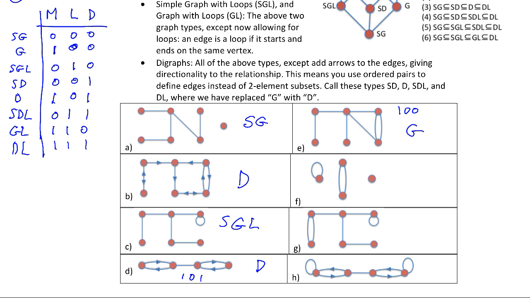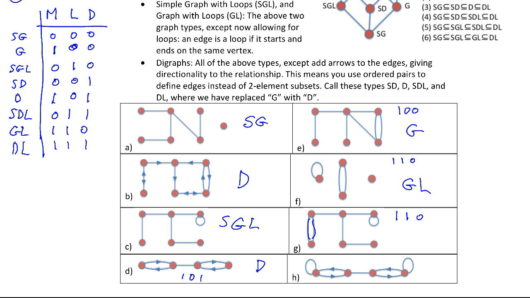The next one, part F. Does it have multiple links between two nodes? Yes. Does it have loops? Yes. And are they directional? No. 1, 1, 0 is a graph with loops. Part G. Does it have multiple links? Yes, right here. Does it have loops? Yes. And are they directional?